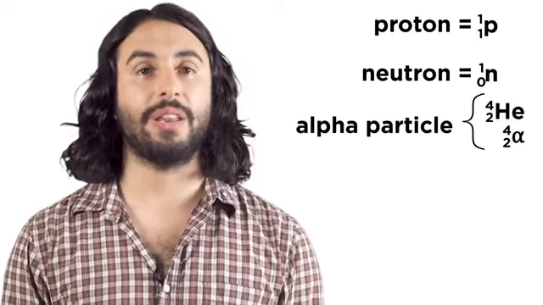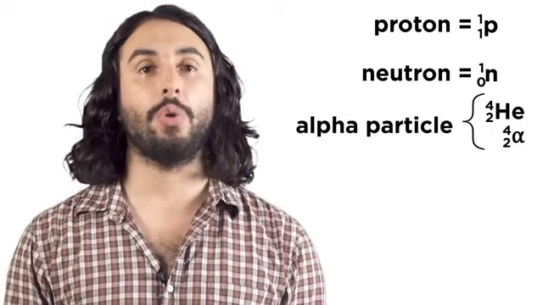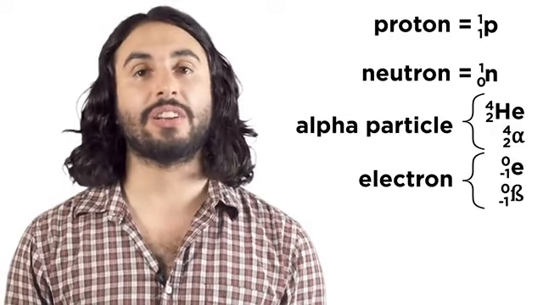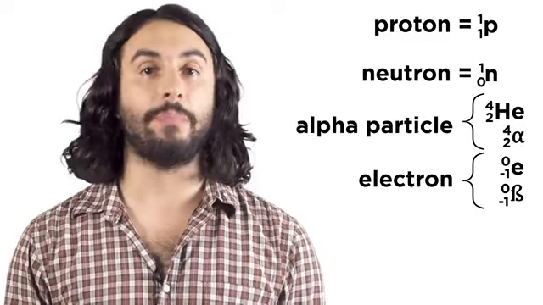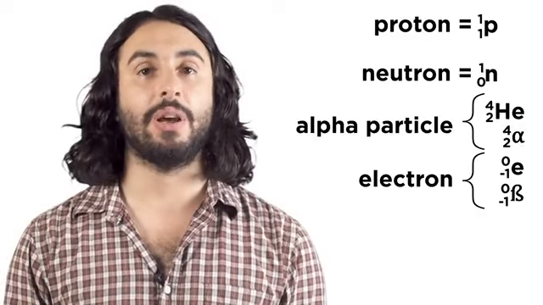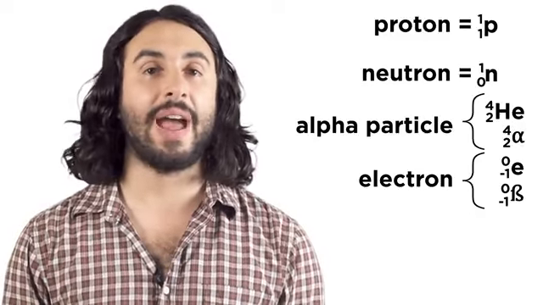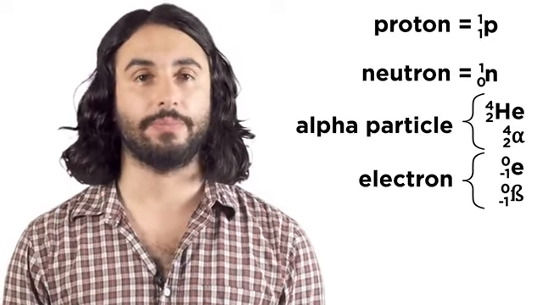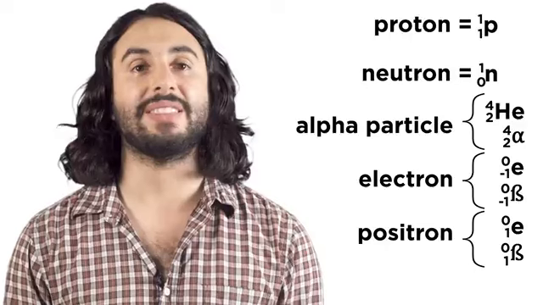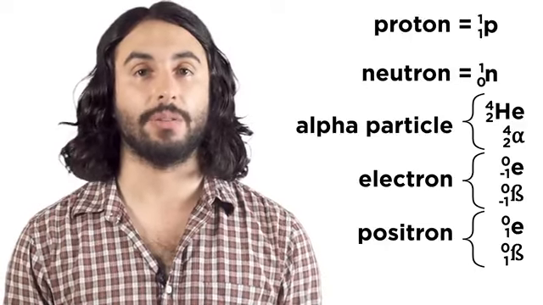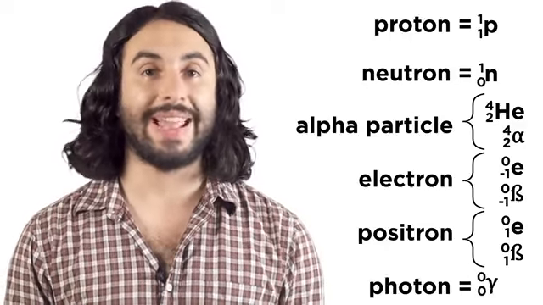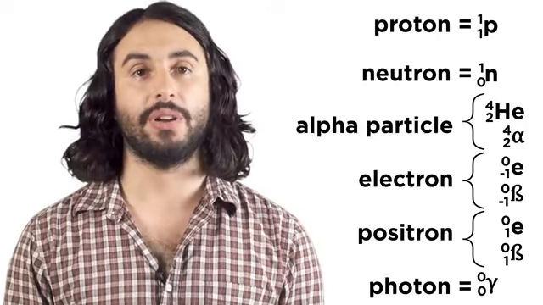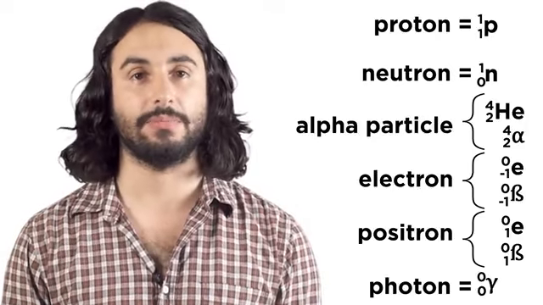An alpha particle can be represented as helium or with the alpha symbol. An electron can be either an E or a beta symbol, and the atomic number will be -1, while the mass, though technically not 0, is negligible, so we call it 0. A positron will be the same but with a +1 here. And a photon will be gamma, both numbers 0, as it legitimately has 0 mass.